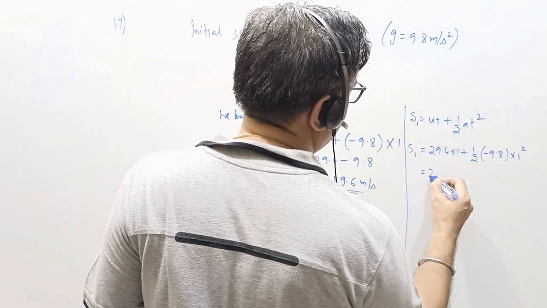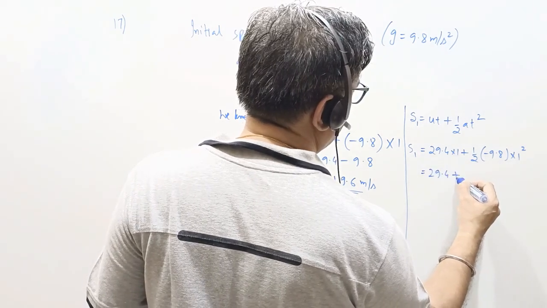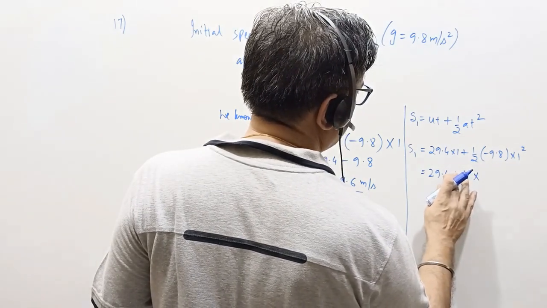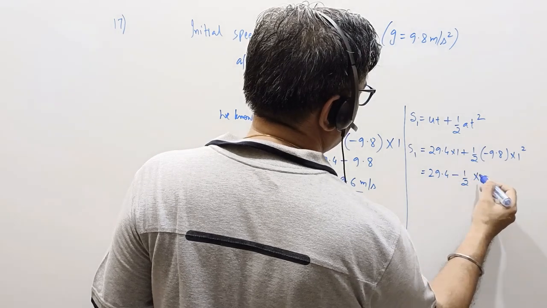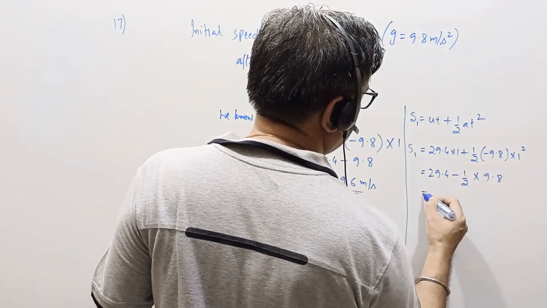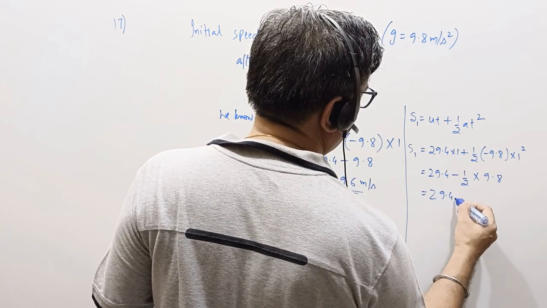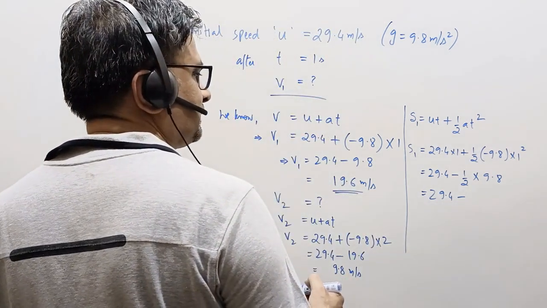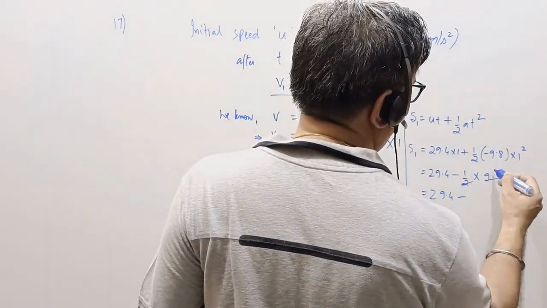So this comes to 29.4 plus 1 by 2 into, this becomes minus, and this becomes 9.8. So this is 29.4 minus 4.9.